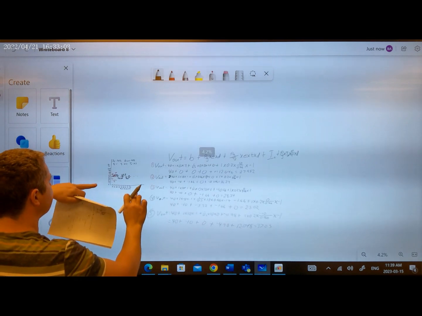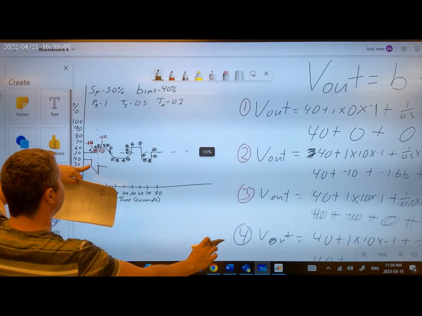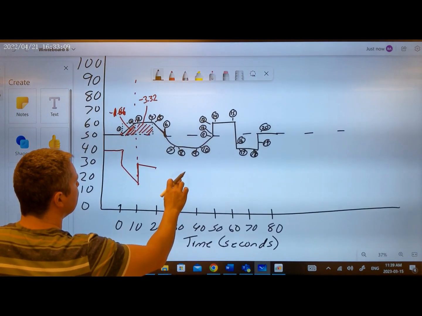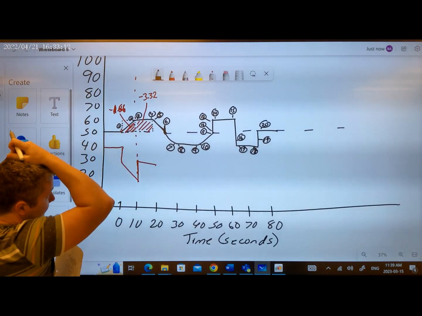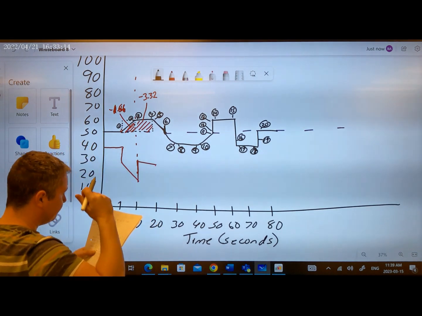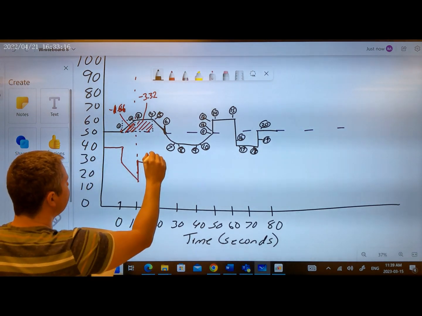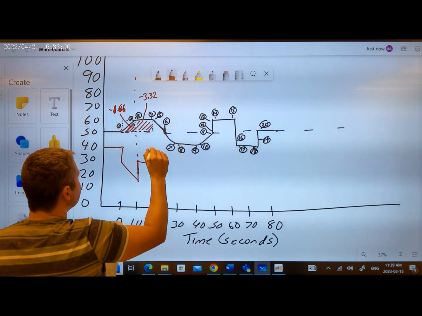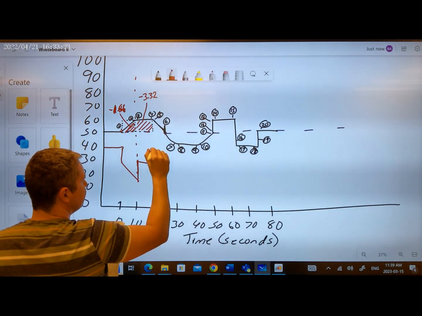Now, you're going to notice a little bit of a trend here. So, 37.5. It jumps up to 37, about there.